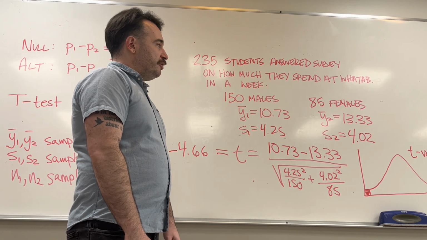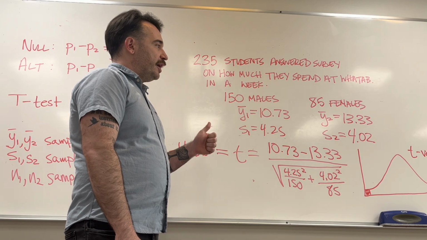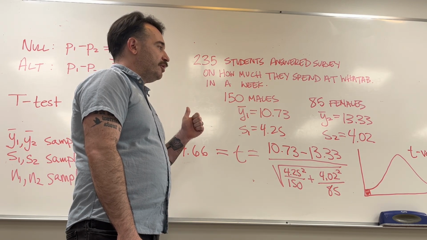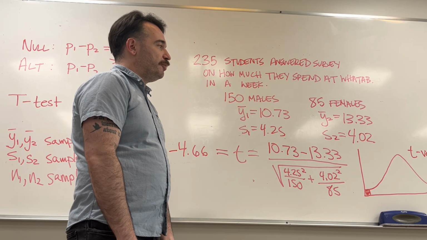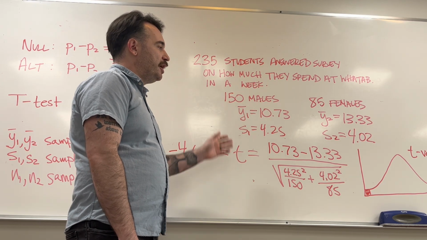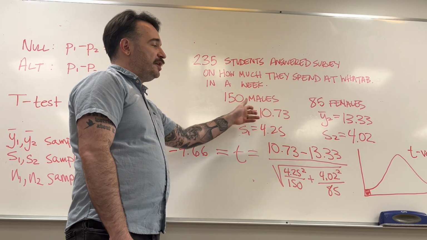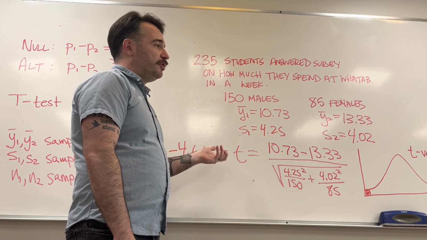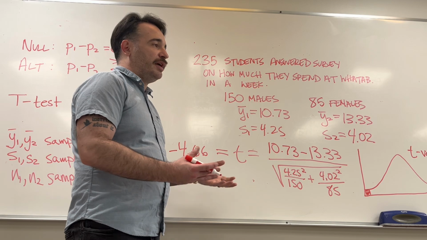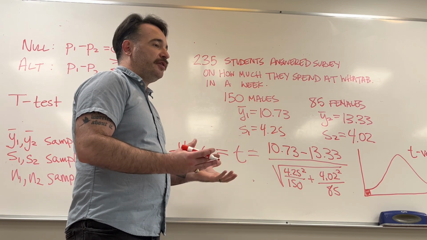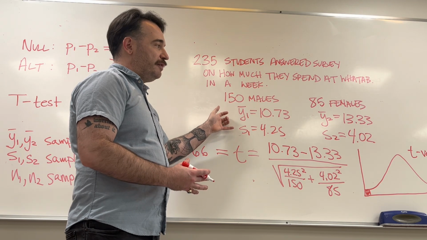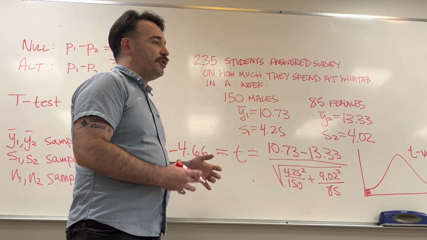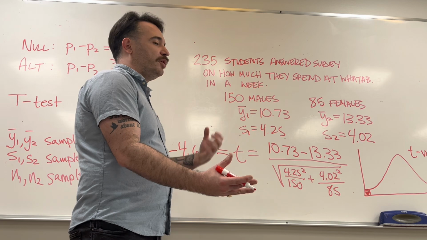So we can conclude, as a general conclusion, that female students will spend more money at Whataburger on average than male students, and that these differences are not attributable to just taking a random sample where the numbers were a little bit different. No, these numbers are so different that it suggests that one group is spending more money at Whataburger than the other.